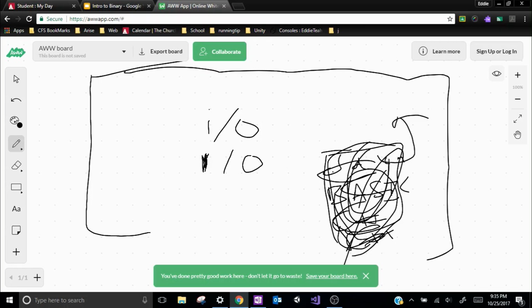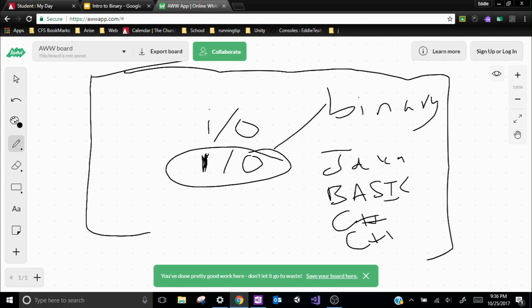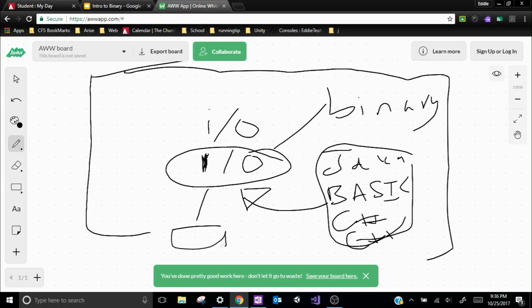Java, for example, you have to turn it into bytes to be run by the processor. All of these languages have to be compiled in order to turn into a machine language, because most machines only use low-level language, and low-level language is a binary language. So binary is a low-level language that computers use to perform their tasks, but you can use other languages and turn them into binary languages, which can be used by the machine.